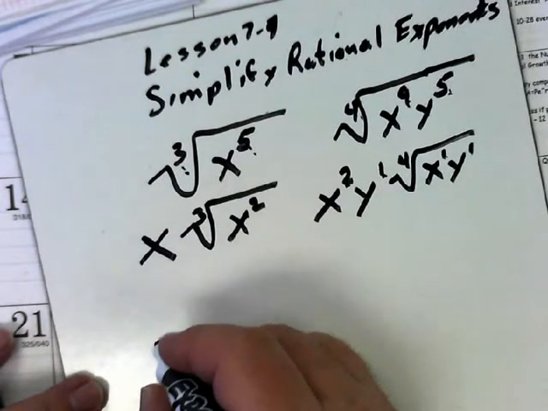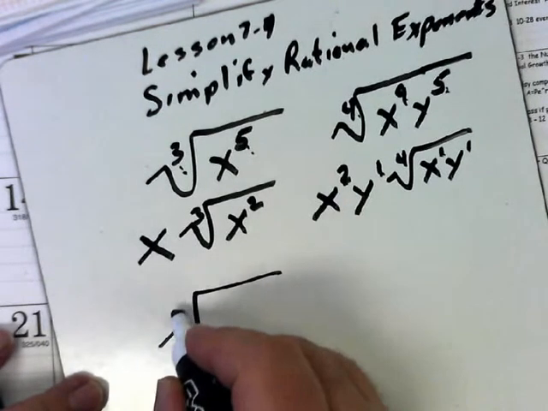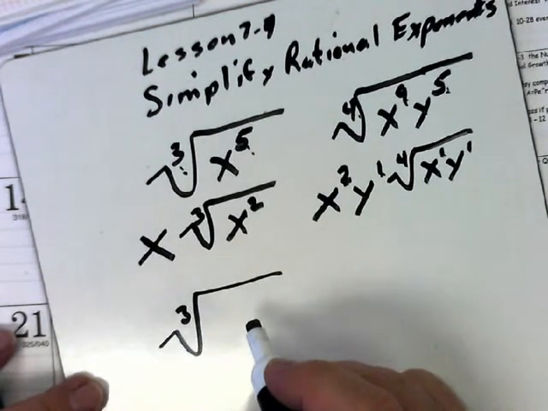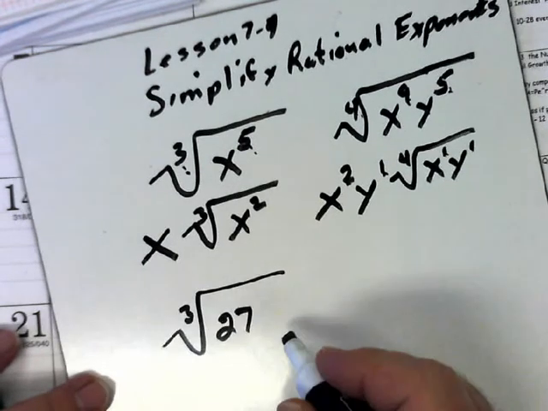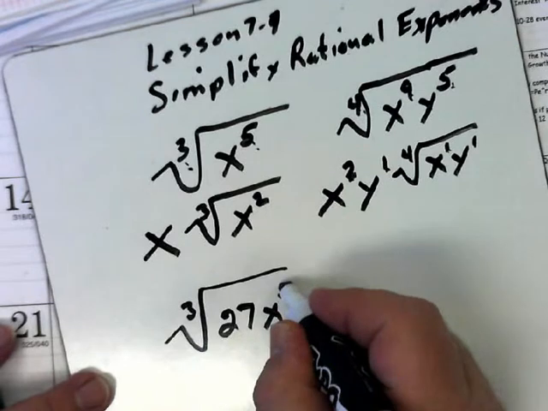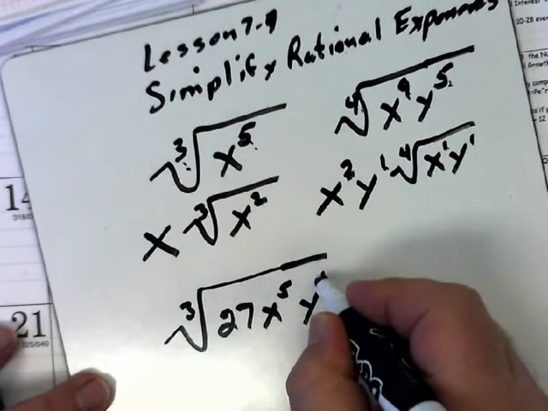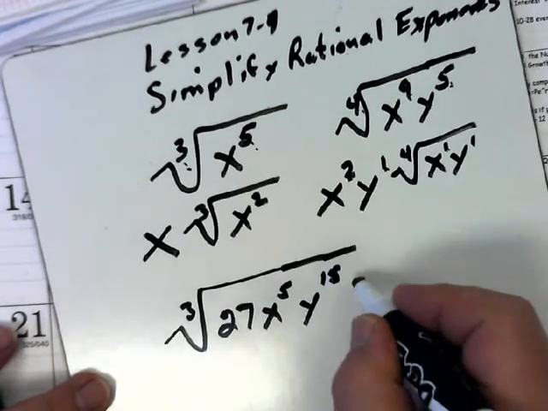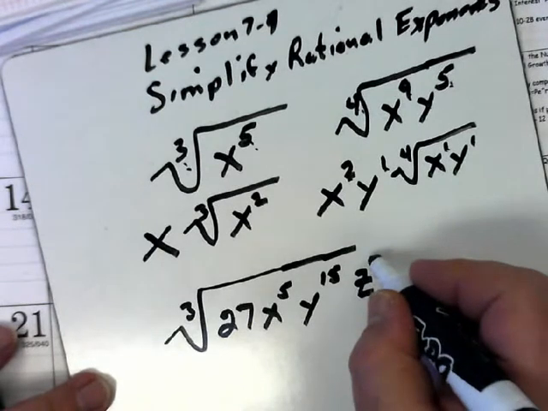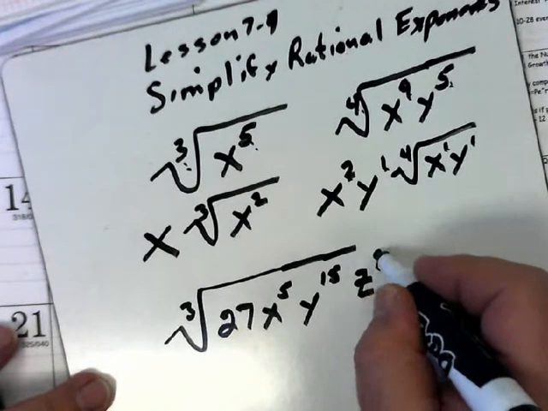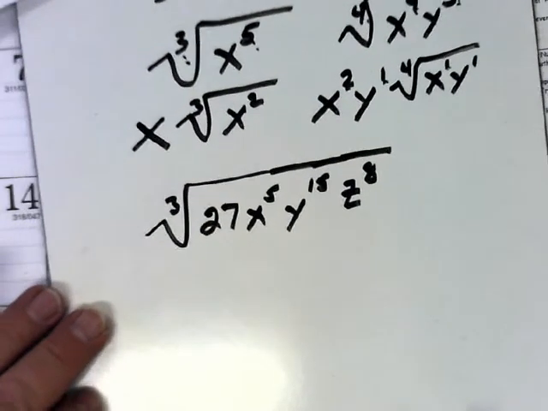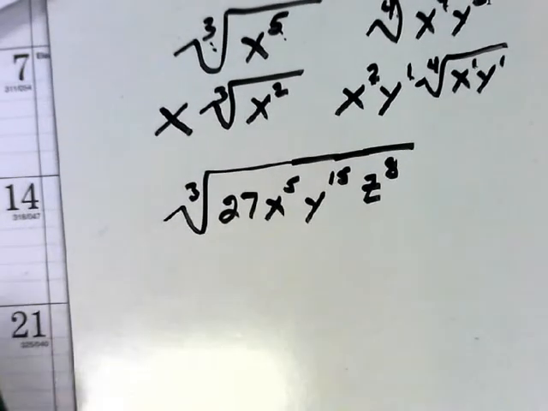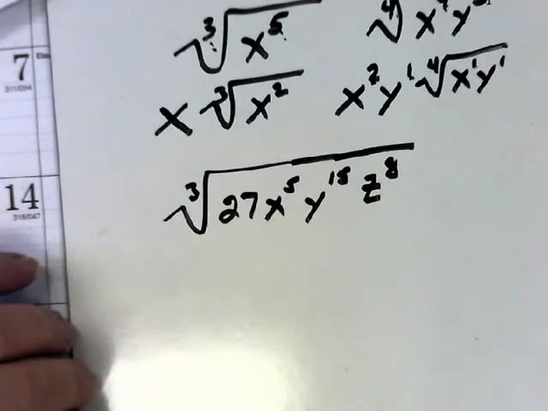So let's say that I had this problem. I have the 3rd root of 27, x to the 5th, y to the 15th, z to the 8th.